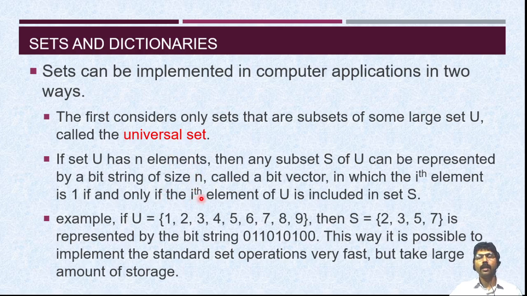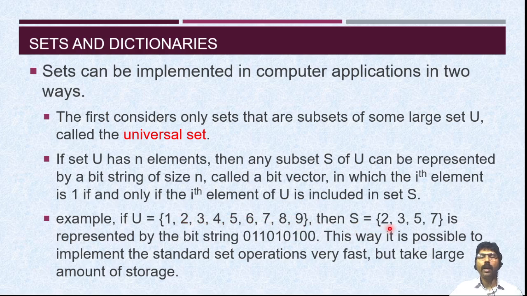Now consider this example. For simplicity, I am using only a few numbers, but U contains a very large collection of numbers or values. Now this U contains these numbers. I want to create my own set called S using some of these numbers.